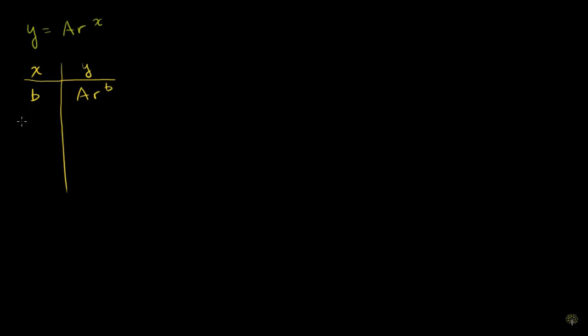So we're now going to look at x is equal to b plus 1. Then y is going to be equal to a times r to the b plus 1 power. Let's do it one more time. Let's increase x by 1. You get b plus 2. And now y would be a times r to the b plus 2 power.